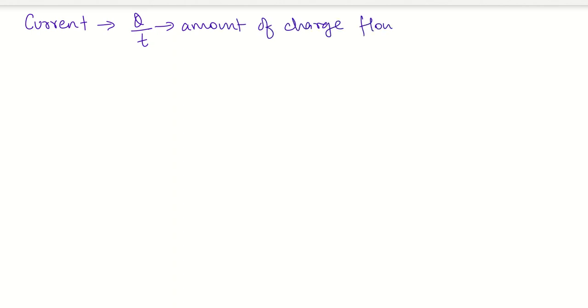Okay, so we have done electric charge already, and we have seen that current is defined as the amount of charge flowing per unit time.